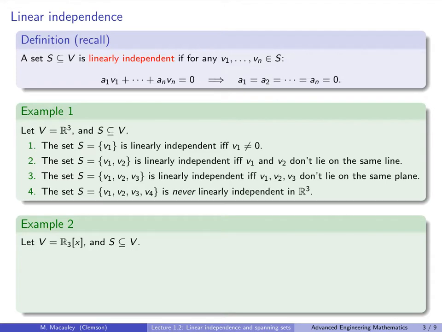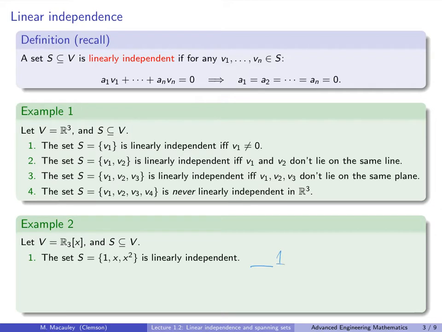Let's do some examples involving polynomials. Let V be the vector space of polynomials of degree at most 3, and consider the following subsets S. First, let's consider the set S containing 1, x, and x squared. I claim that is linearly independent. Well, let's try to see why. Let's take these 3 vectors, they're polynomials, but let's try to write the 0 vector using them.